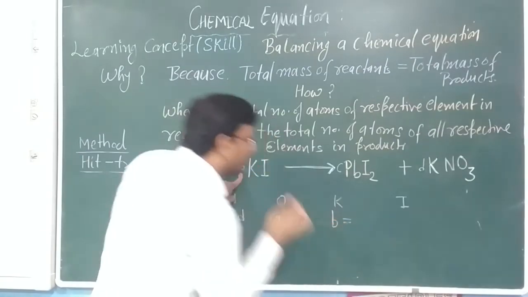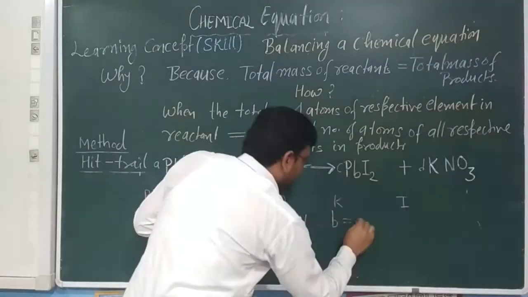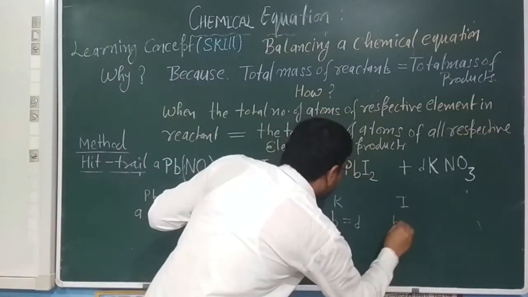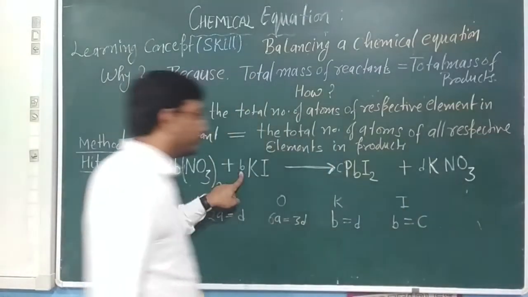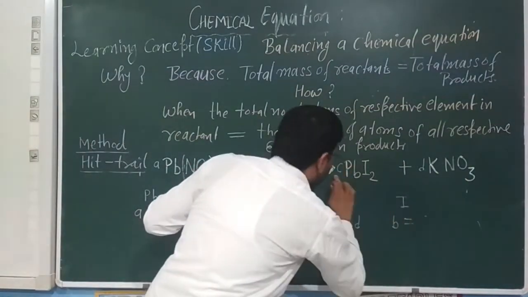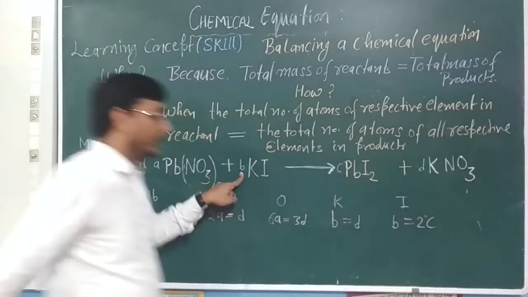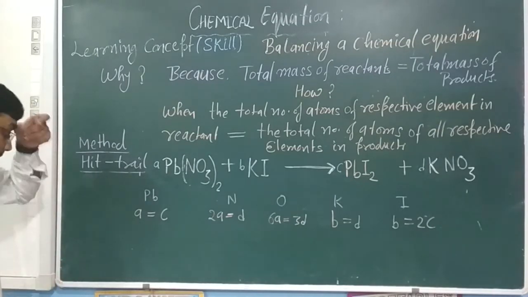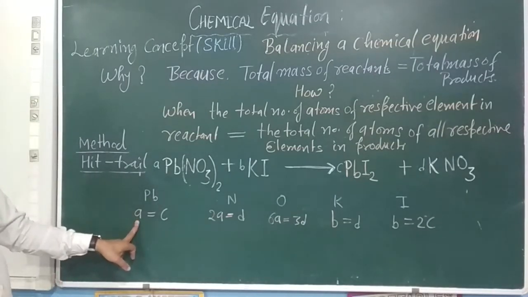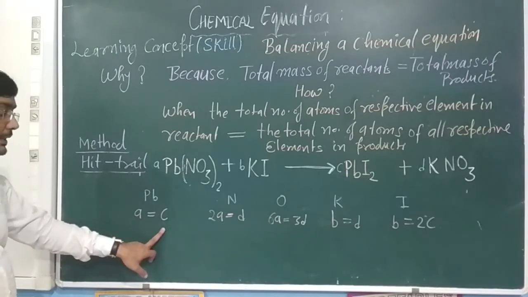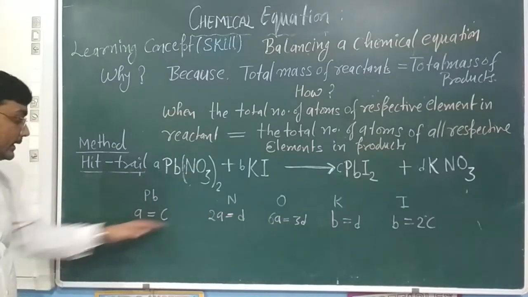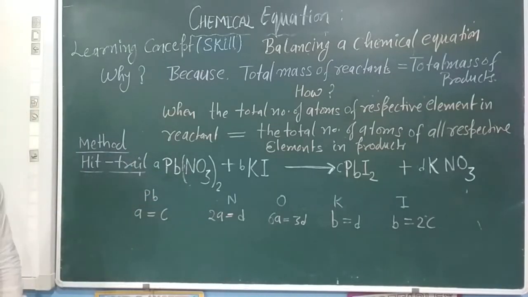B. It must be equal to D. Iodine: B must be equal to 2C. If you calculate the value of A, the value of C, you will get the numbers, and you will know how to solve this type of problem.